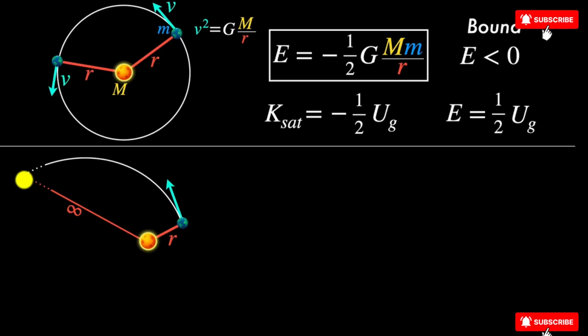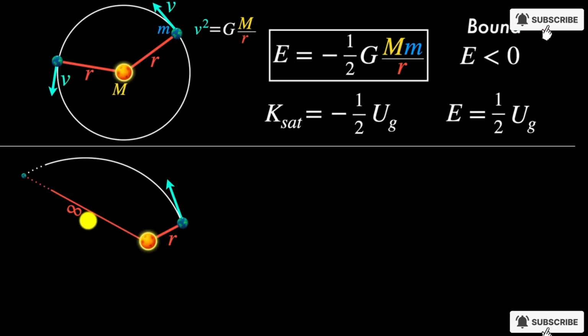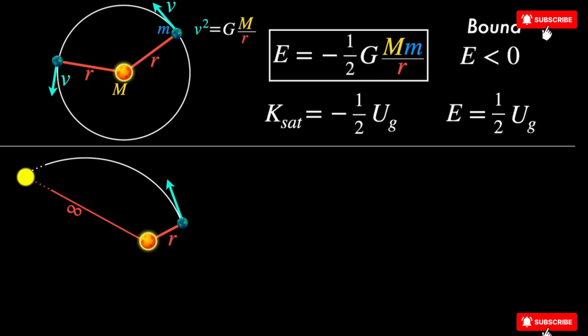Well, when you're at infinity, we know that the potential energy of the system is zero, because that's our definition of zero potential. When two masses are infinitely spaced out, that's what we consider as zero potential energy. That's our reference. And we are also saying that the Earth reaches infinity with zero speed, meaning the kinetic energy of the Earth is also zero.